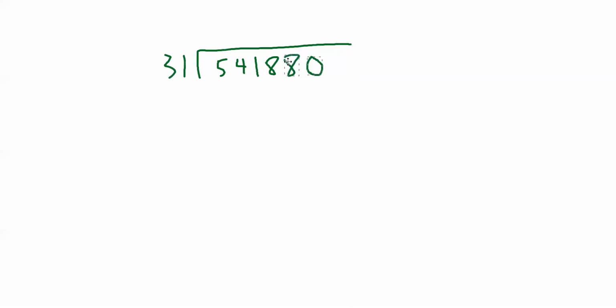And this doesn't even look like decimal division of numbers anymore, but that's okay. So it's really just like we're dividing 31 into 541,880.